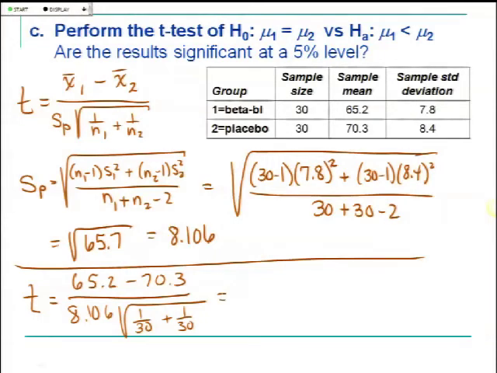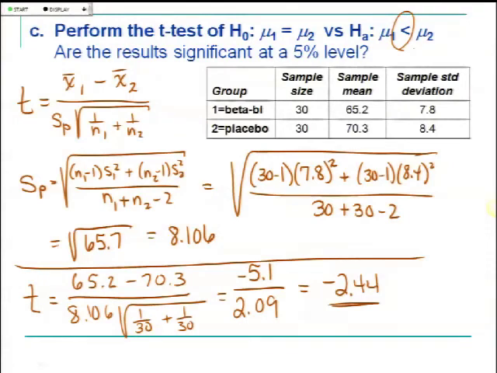But here's where I would show maybe the top and the bottom. Difference of 5.1 on top, negative 5.1, and the pooled standard error turns out to be 2.09. So our t-statistic is negative as we had hoped, negative 2.44. I get a negative t-statistic, and I am doing a lower-tailed test. That's what I hope will come up.